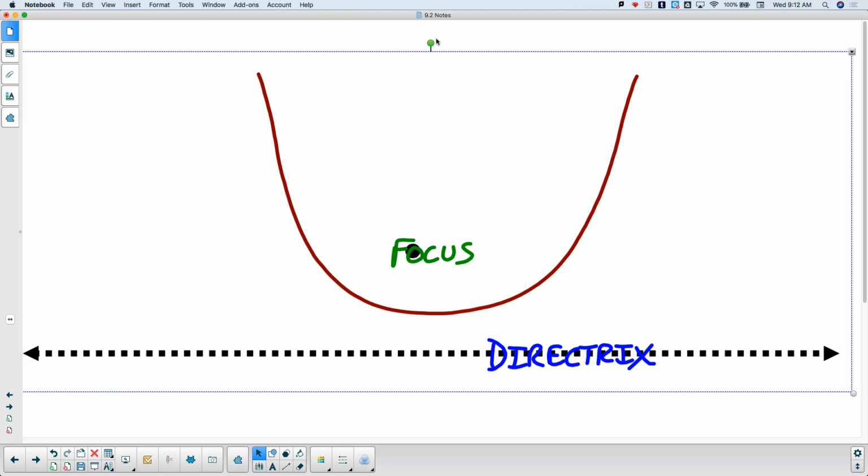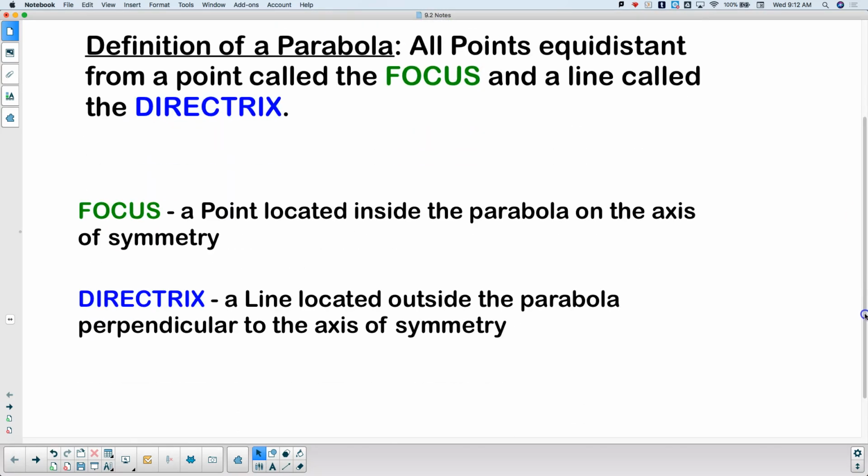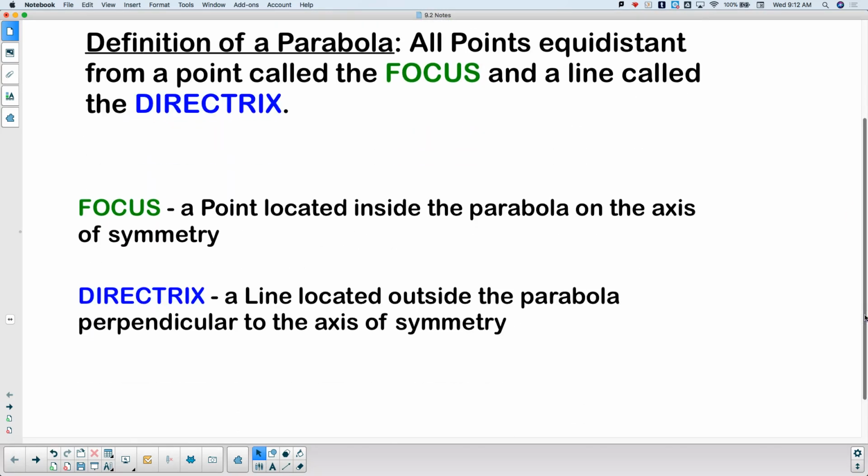The directrix is a line located outside and it's perpendicular to the axis of symmetry. So the focus is inside the parabola. It's on the AOS, the axis of symmetry. Your directrix is outside your parabola, and it's perpendicular to your AOS.